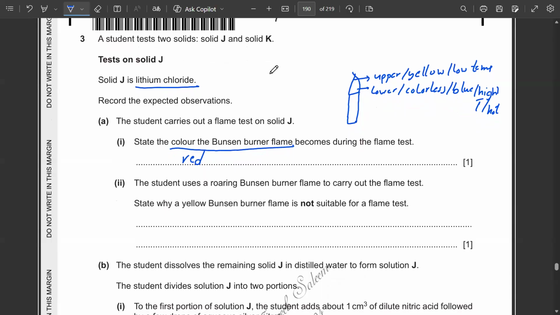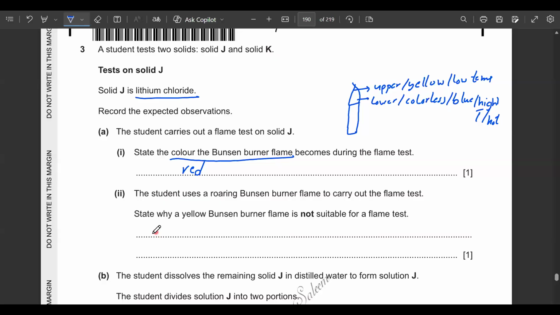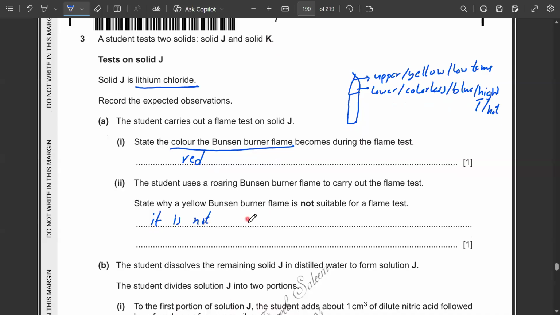So you will write this over here: it is not hot enough, the yellow part of the Bunsen burner. You do not say yellow again because it's already there in the statement. You cannot write it again. It is not hot enough.